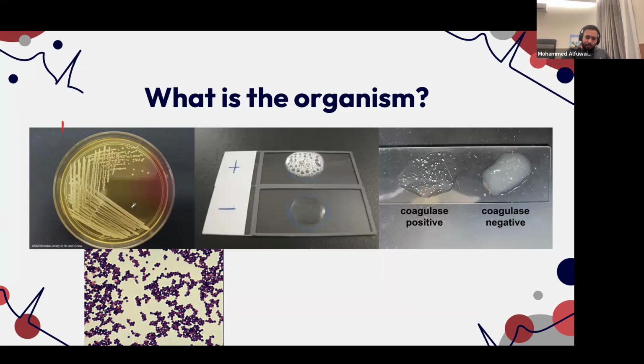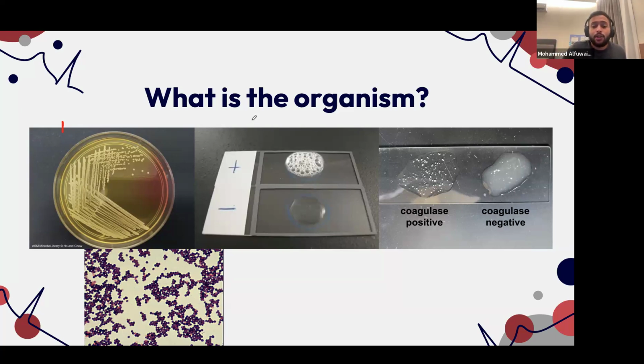Staph aureus is the yellow. That's your hint. This is mannitol salt agar. Okay. Salt makes it differential for staph species, and the mannitol is selective for Staph aureus.